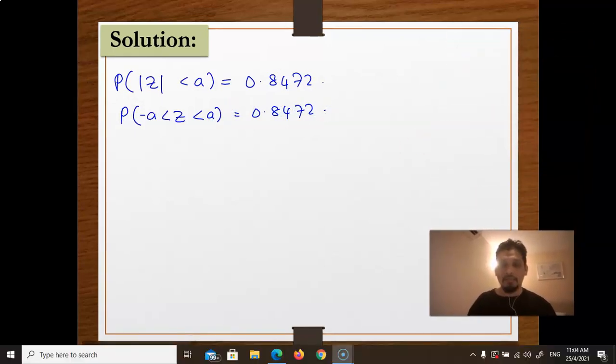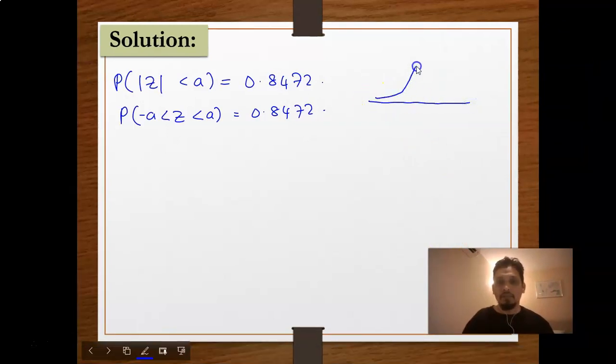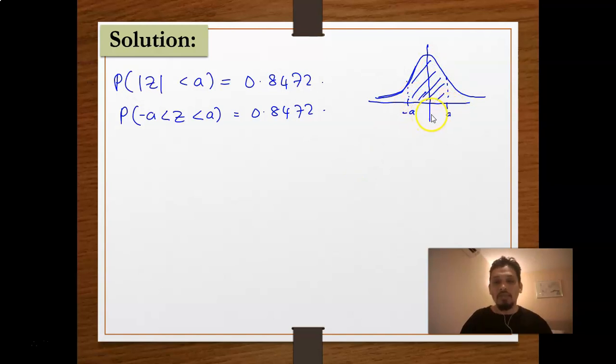If this is the normal curve, it is from negative A to A. If we concentrate on this part only, because this area is equal to this area, half and half, we just double, or multiply by 2.